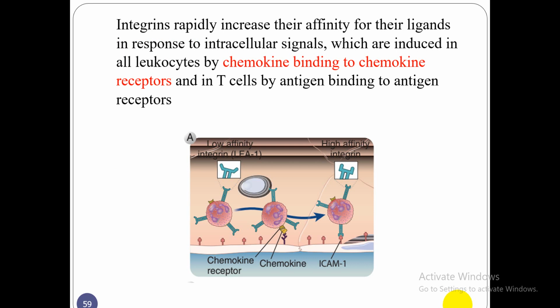As you see, after initiation of inflammation, some cytokines which are called chemokines are produced.